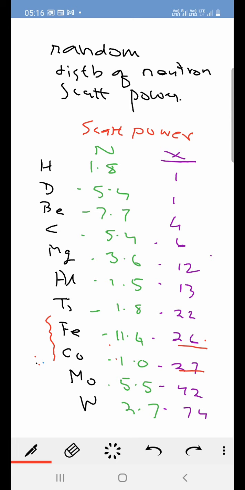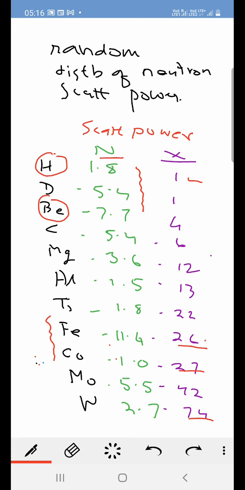And interesting is that for the light elements like hydrogen and beryllium, the neutron scattering powers are similar. In the X-ray case it is 1 and 74, whereas there is not that much of a difference in neutron power.